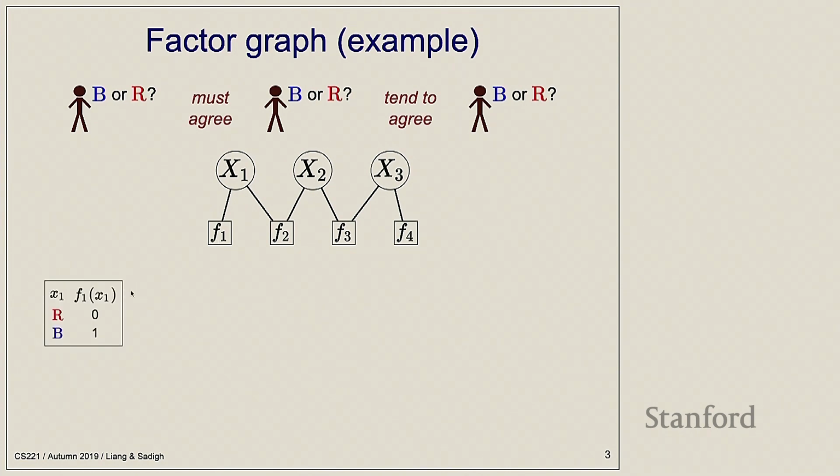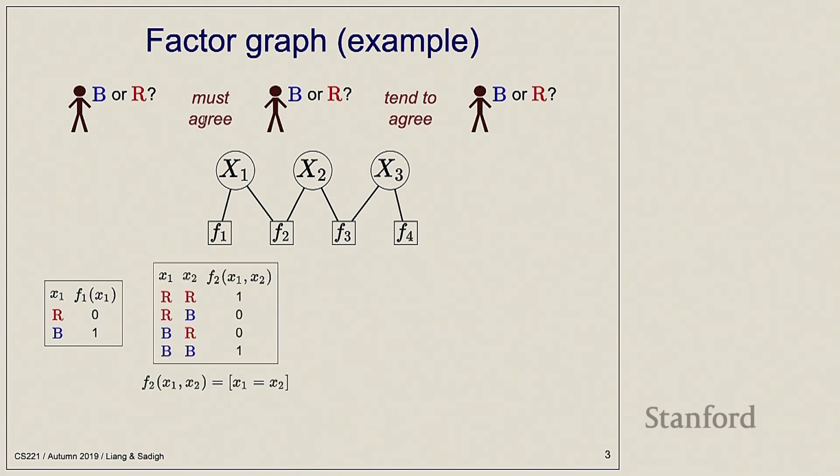And so first what we say is with our first factor, we say that person 1 is definitely blue. So we say this here by saying these are the values that the variable can take on, red or blue. And this is how much we like that value. And what this first factor is saying is that it doesn't like red at all, it's a 0, and it likes blue, it's a 1.